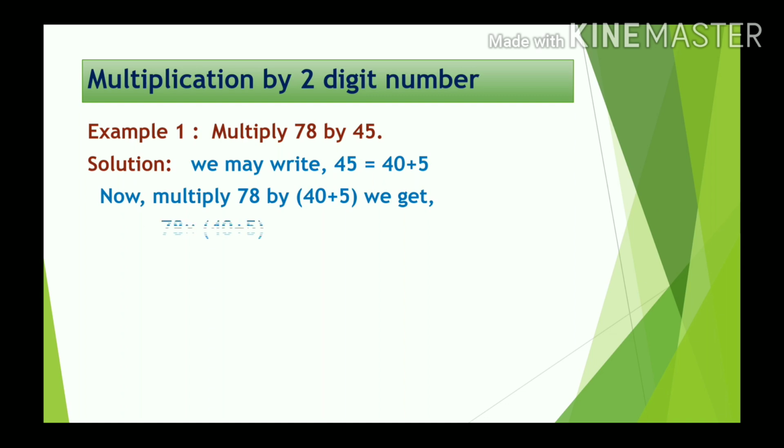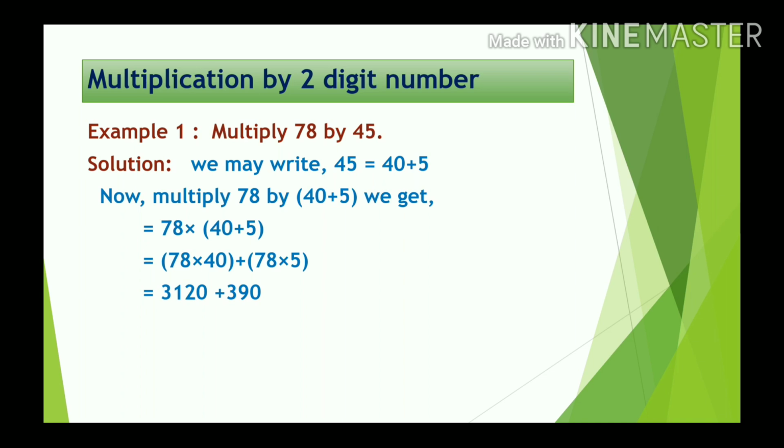So we get 78 multiplied by 40 plus 5. For distributive property, we all know how we will do this. So first we have to multiply 78 into 40 and then multiply 78 into 5. And after that, we will add both the answers to get the final answer.